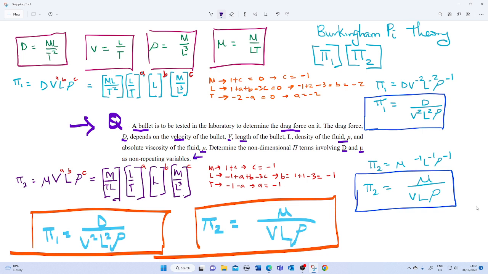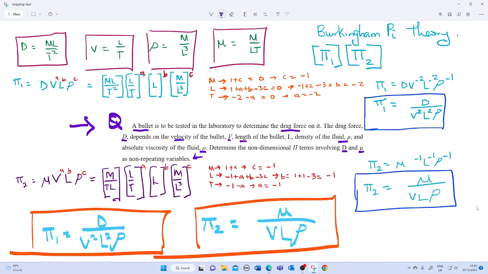That is, by using Buckingham Pi theory, we should calculate the pi terms involving the whole equation of the aerodynamics of the bullet, with D, the drag, and mu, the viscosity, as non-repeating variables.